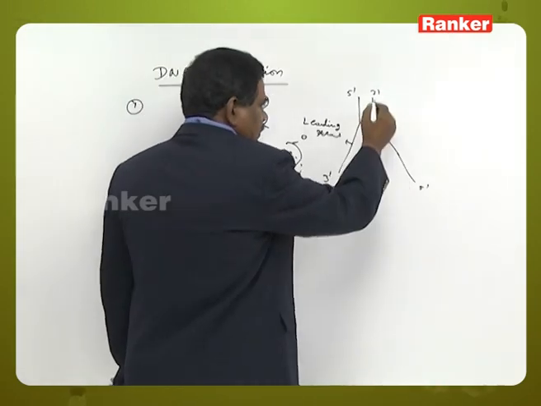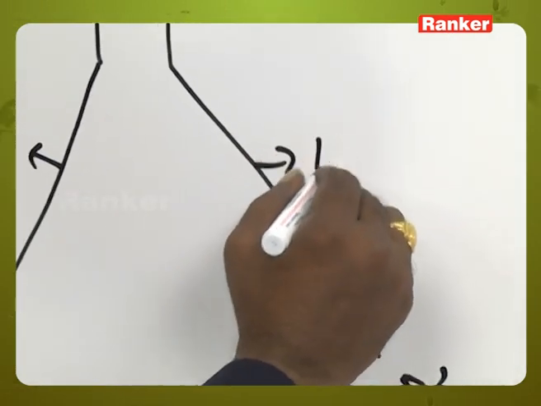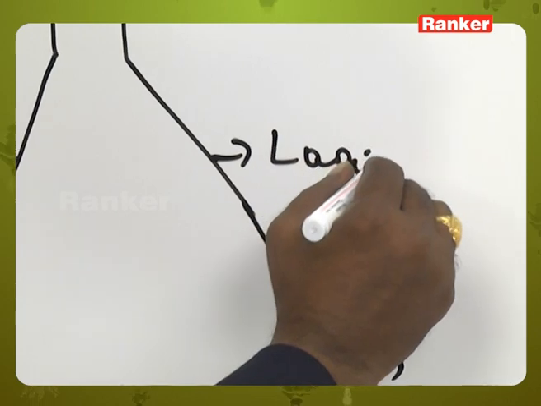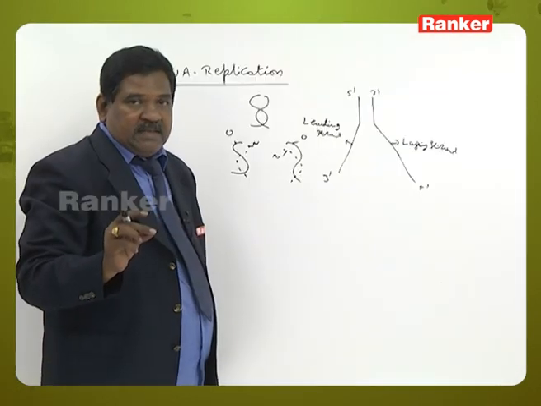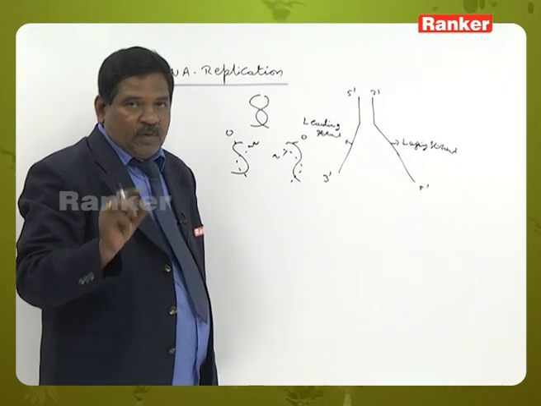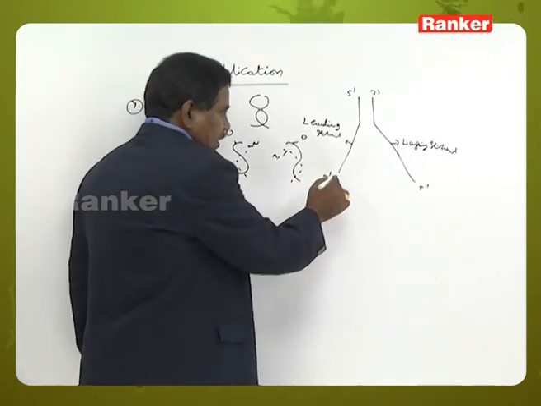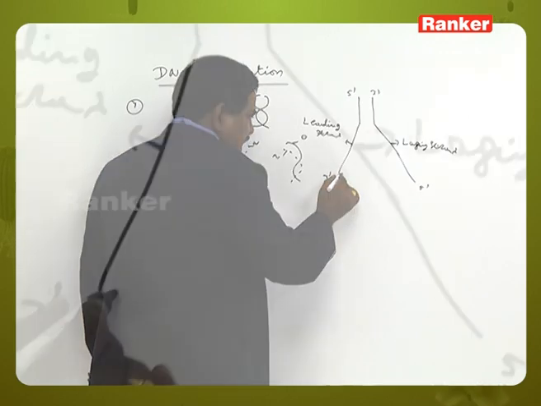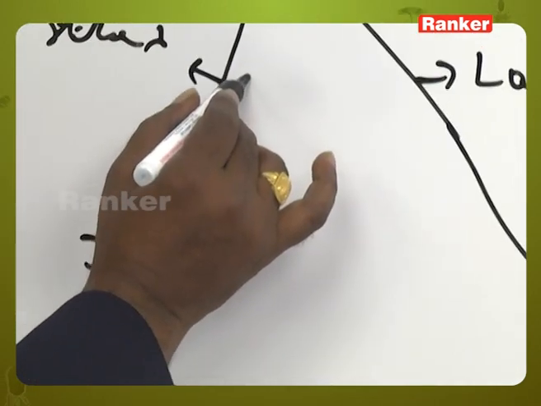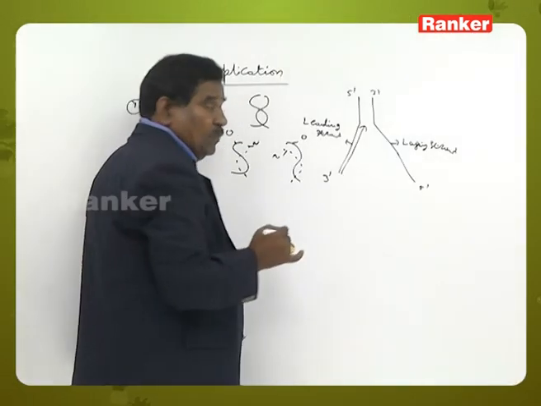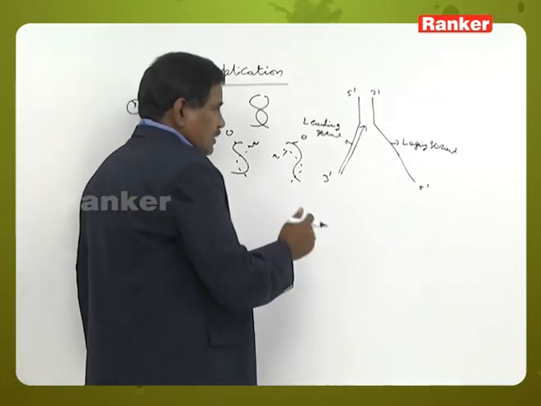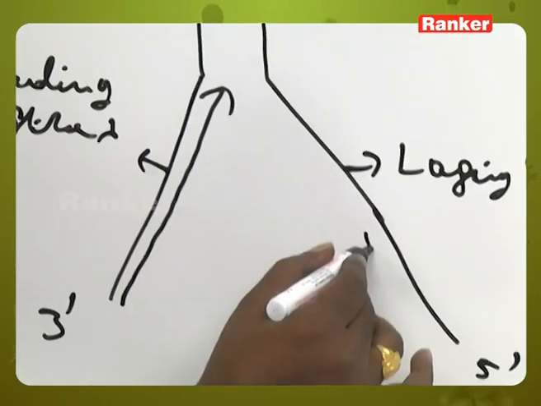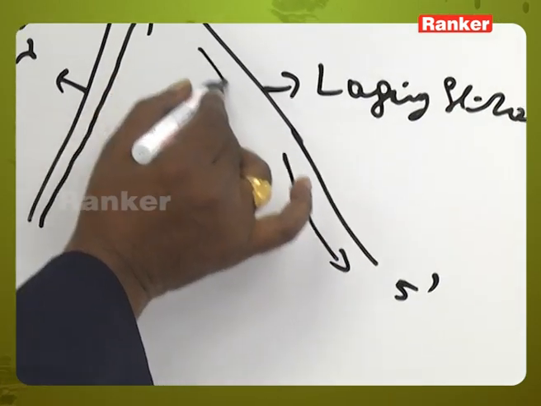Another strand with 5'-3' polarity is the lagging strand. The new strand is always synthesized in 5'-3' polarity only. On the 3'-5' template, the new strand is synthesized continuously without any breaking. But on the other one, fragments of DNA are formed.